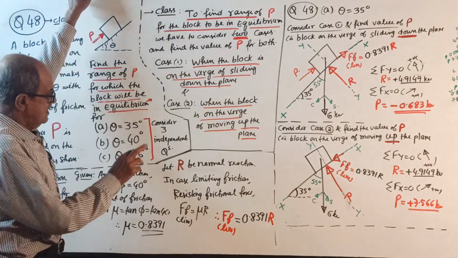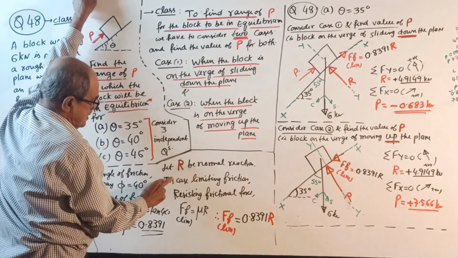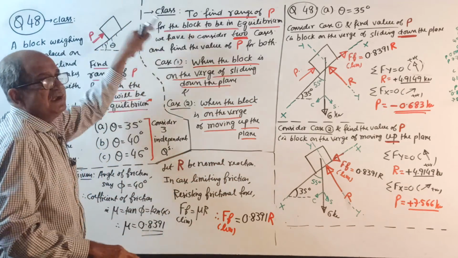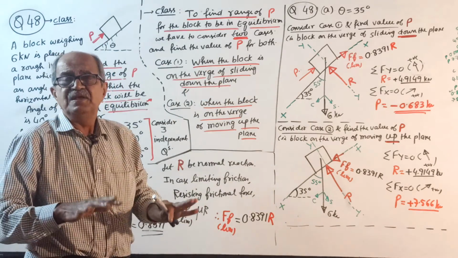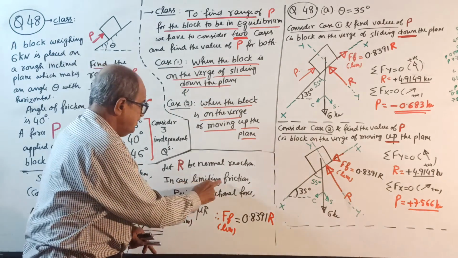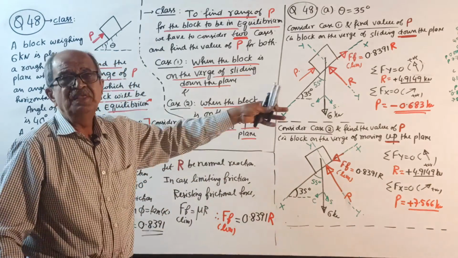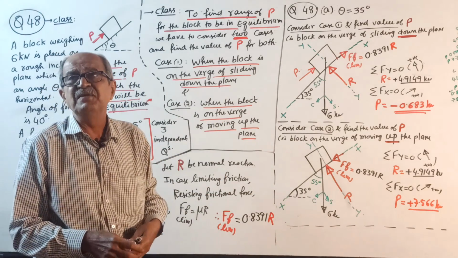Then let R be the normal reaction. Every time it will come. In case of limiting friction, you can make a note here, because in this question all the calculation you write here corresponds to limiting friction.